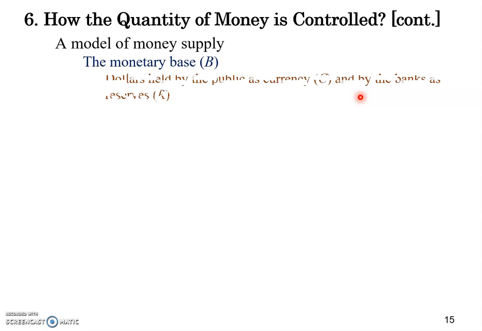They are the money multiplier and the monetary base. The monetary base, B, is dollars held by the public as currency and by the banks as reserves.